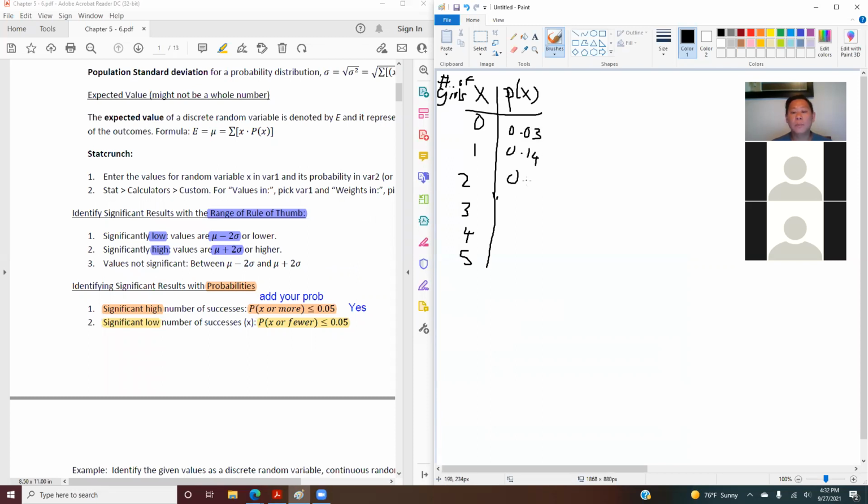Then 0.14, 0.25, 0.23, 0.14. I'm going to change it a little bit.